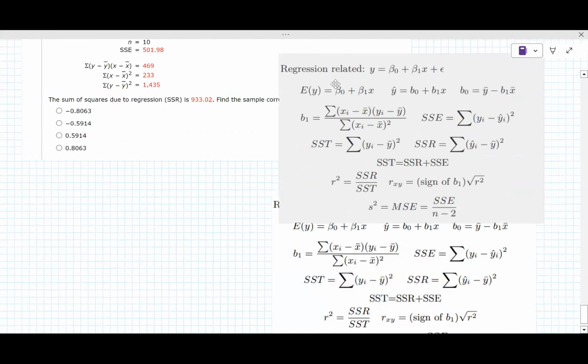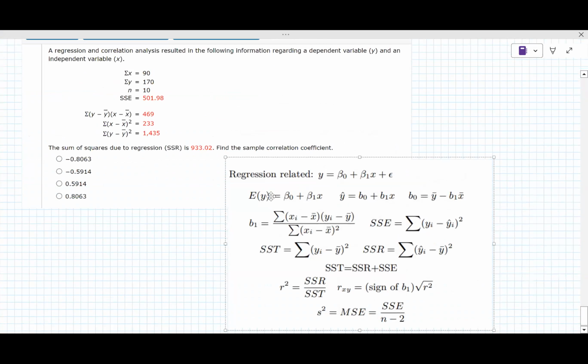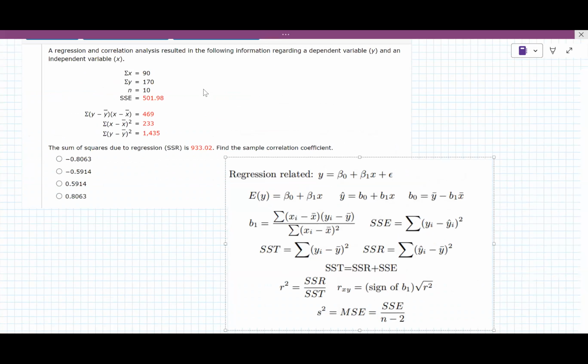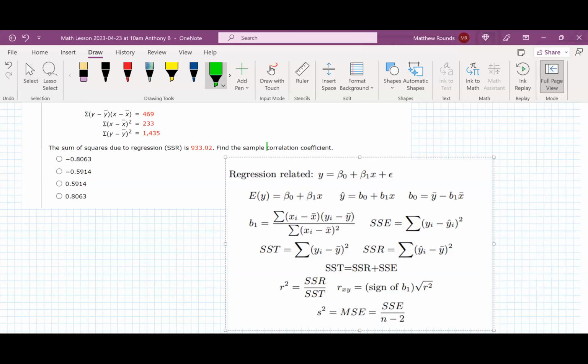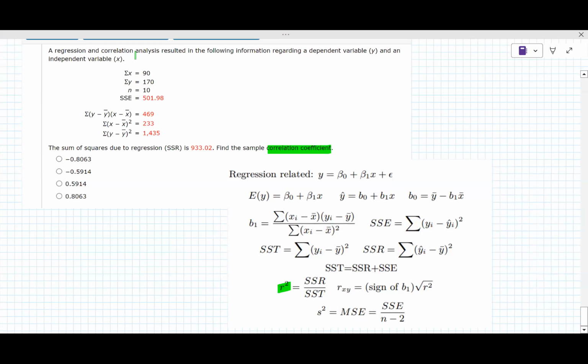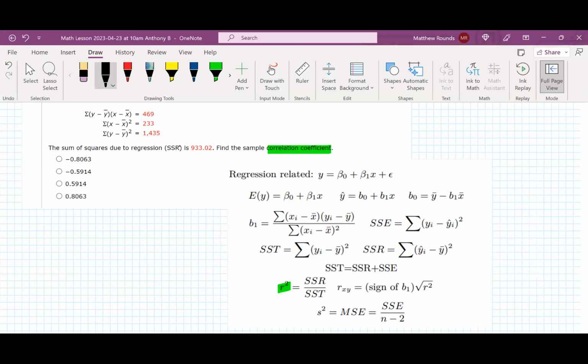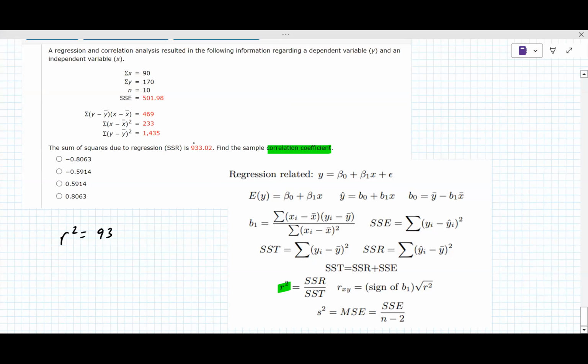So we're trying to find the correlation coefficient this time. That's R, but we start by finding R squared. Once we find R squared, we're going to take the square root of whatever we get to find R. Notice they give you SSR, the numerator, so R squared is going to equal 933.02 over the SST.